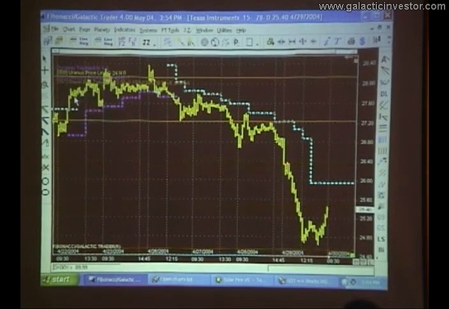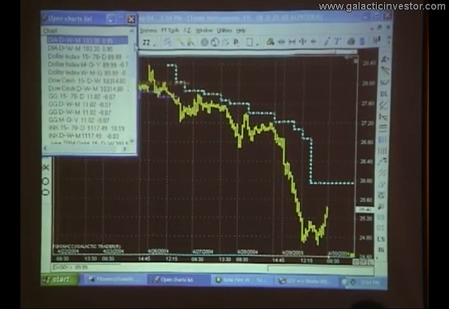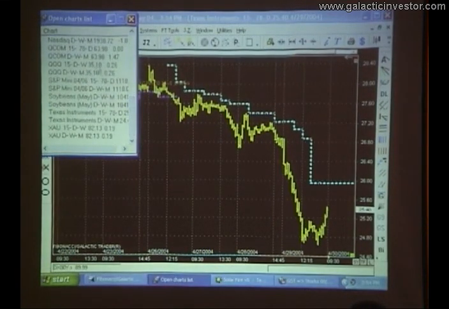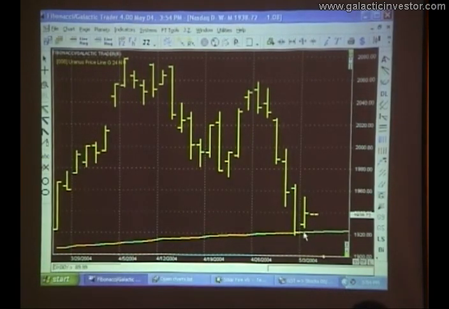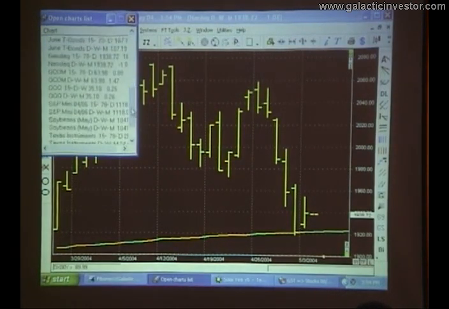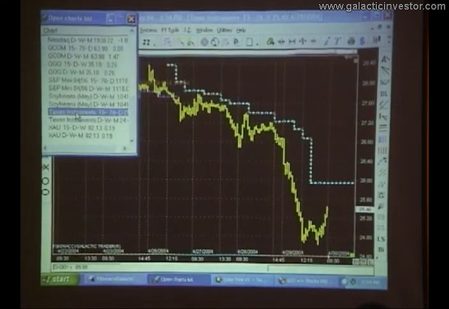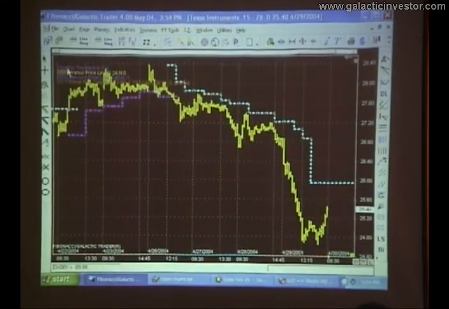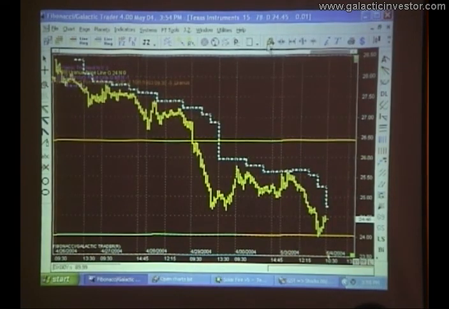And by the way, remember I mentioned the NASDAQ hit the Uranus line? I'm going to show you that real quickly. See Uranus at the NASDAQ at Uranus line, 24 line? Well, look at the Uranus 24 line for Texas Instruments yesterday.